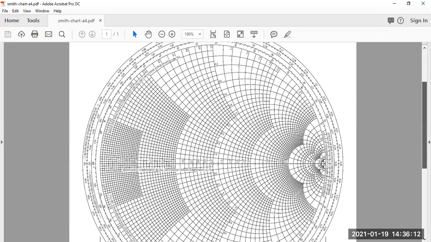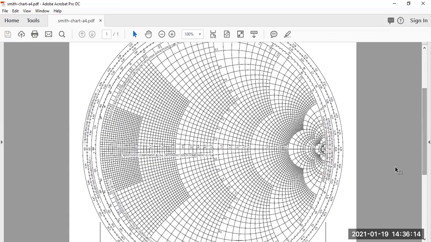This is the Smith chart that you are going to use, and we are going to locate ZL dash, 0.4 plus j0.7. First of all, let me find out where the 0.4 resistive circle is. We already know how to locate a resistive circle.